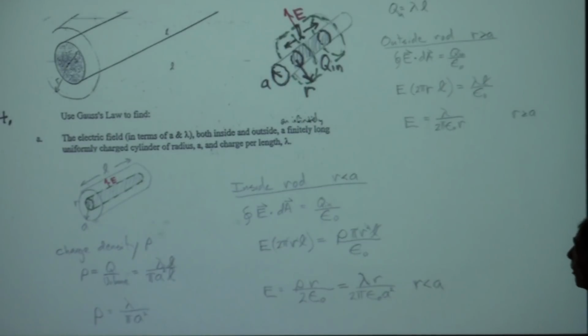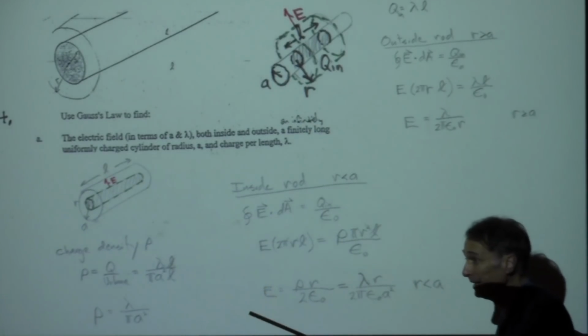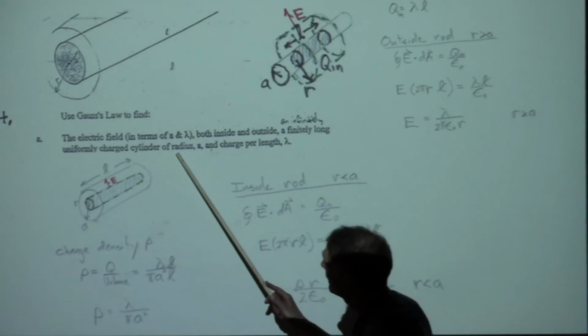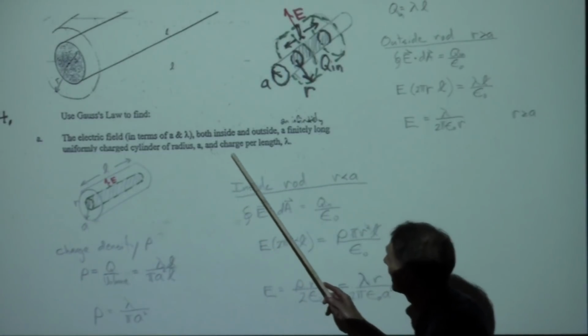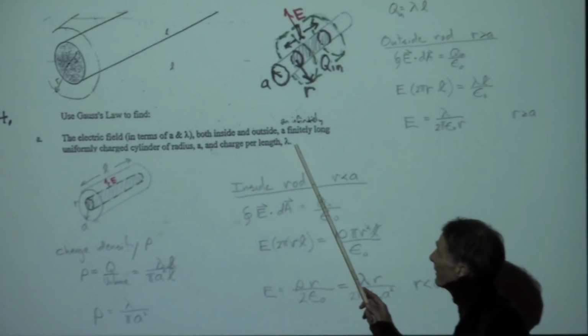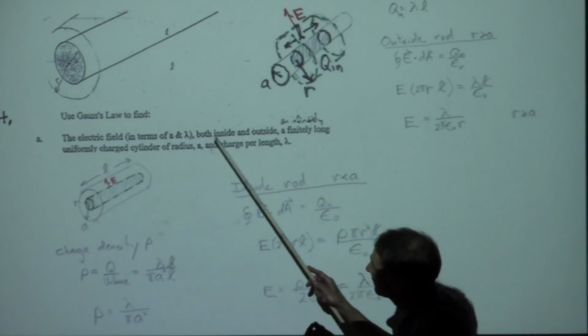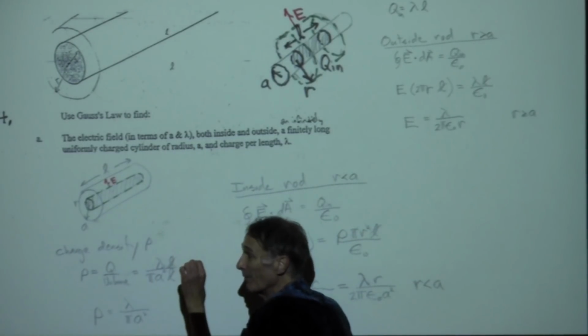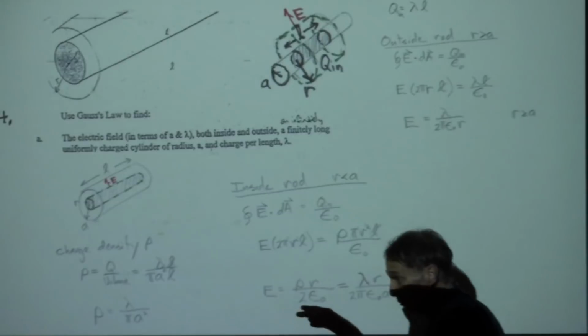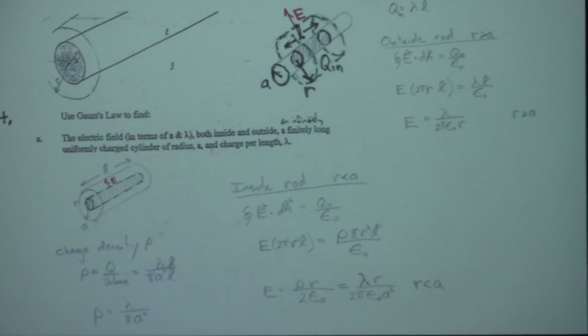Okay, that problem was probably spoken of in terms of the way they state the problem. The way he stated the problem here is that the cylinder is radius A and charge per unit length lambda. So when you're doing these problems, he wants it in terms of A and lambda. Okay, but what you're suggesting is probably the more natural way to just look at it from the outside.